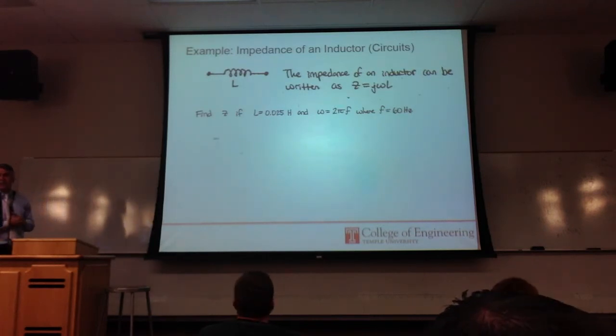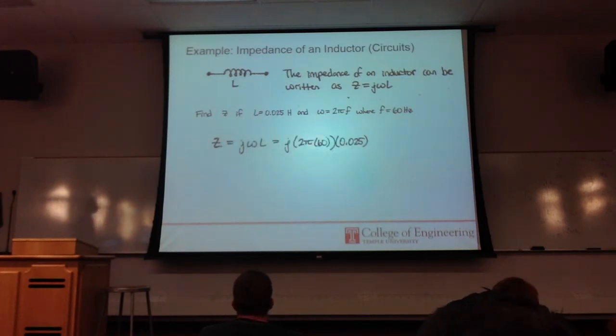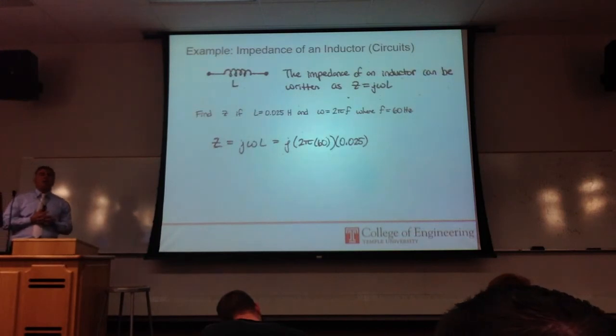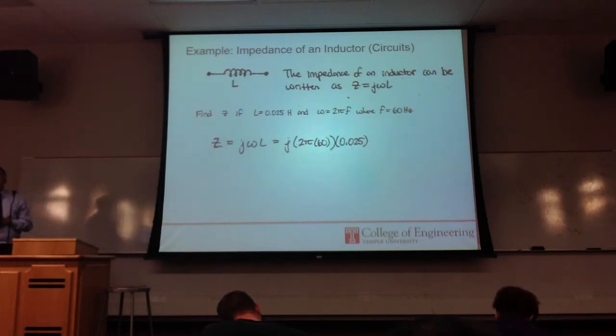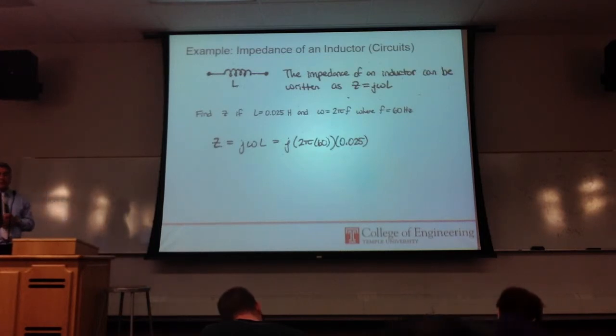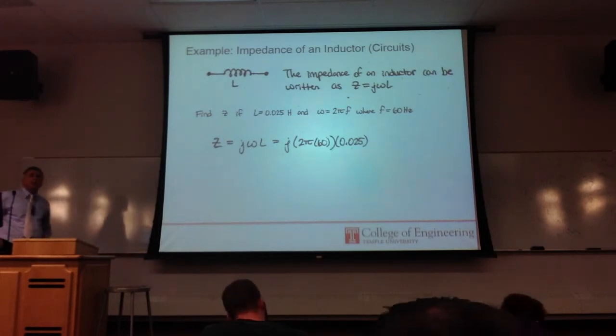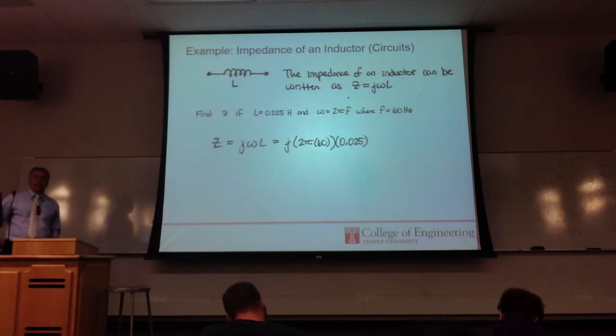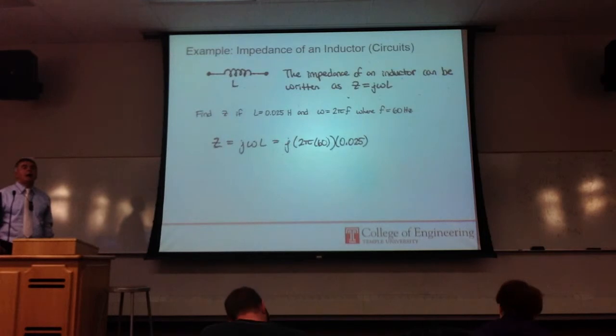So in this case, if I want to find out the Z of this system, all I have to do is replace the values of omega and L. What is the unit of Z? We said it before.